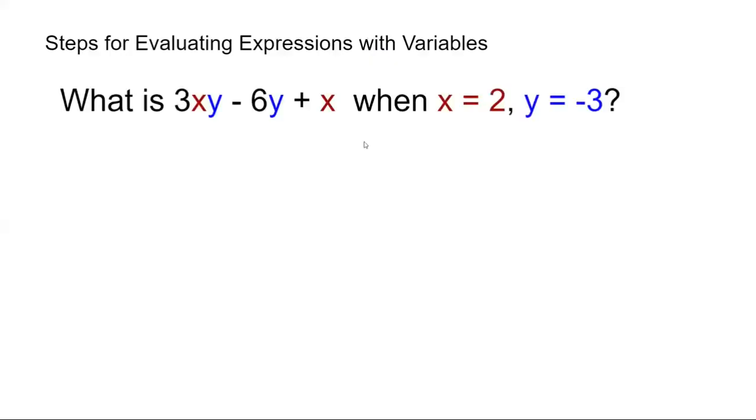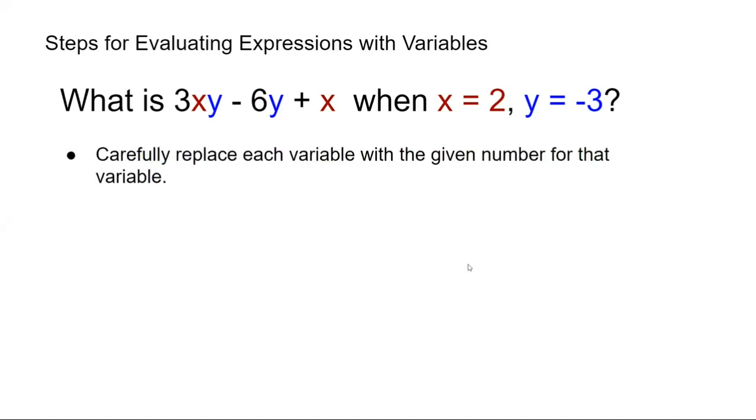We have another example here. What is 3xy minus 6y plus x when x is equal to 2 and y is equal to -3? Let's take a look at the steps. Carefully replace each variable with the given number for that variable.